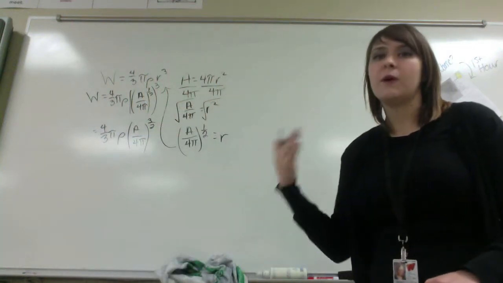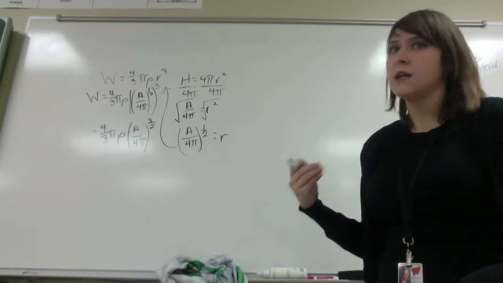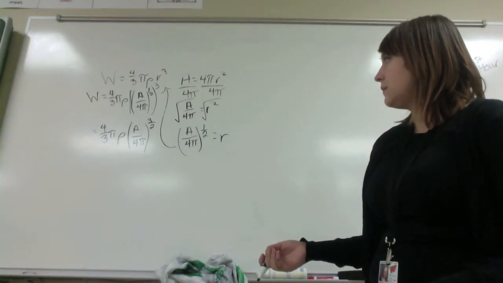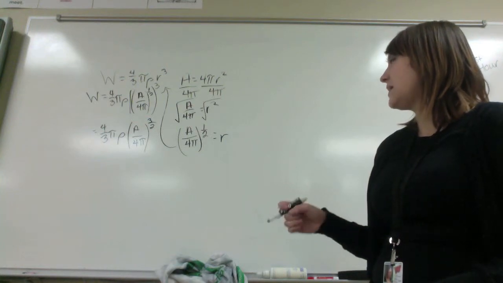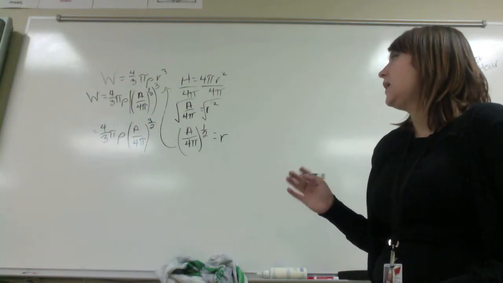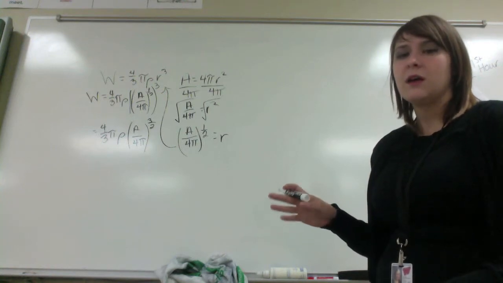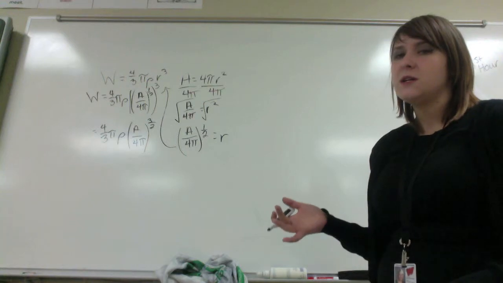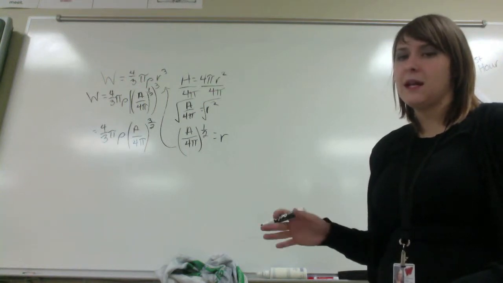Okay, so I had it to the 1/2 and then to the 3rd again, so I can multiply those together and get it to the 3/2. All right, and I've got some pi's and stuff in here. I'm just going to leave it in that form. If you guys wanted to simplify it more, you're certainly welcome to. I'm just going to save some time and not do it right now.